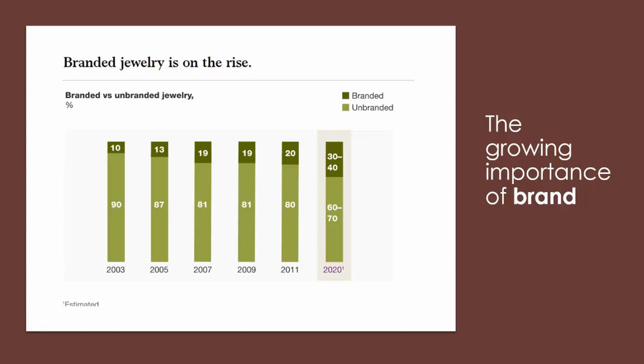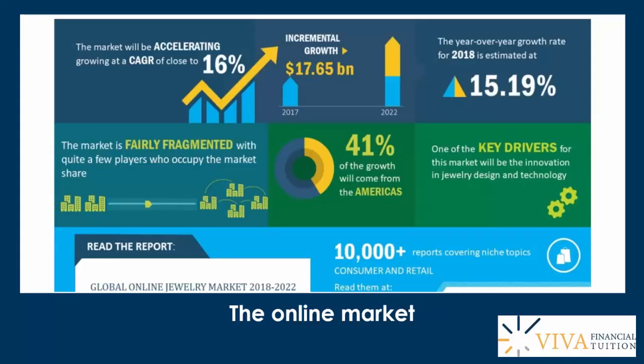Unbranded still is a large proportion of the global market, but branded is becoming more and more important. And that includes not just luxury jewelry, but also the branded fashion jewelry that we were looking at in the previous slide.